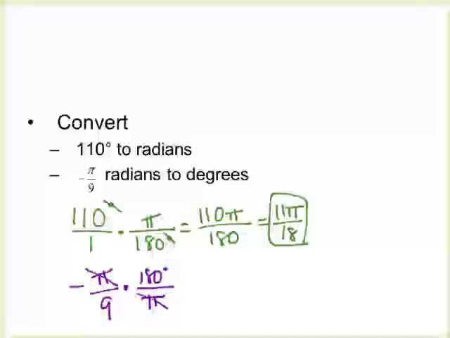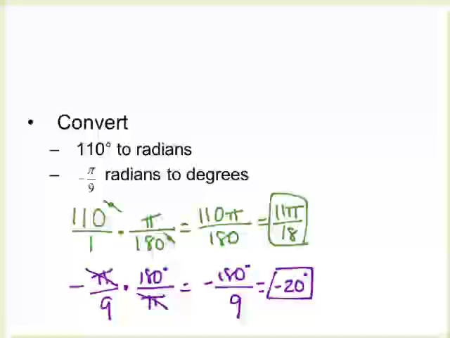So the pi's cancel, and I get negative 180 degrees divided by 9, which is negative 20 degrees. So we always use 180 and pi, multiplying so that what we're given is on the bottom, so it'll cancel.